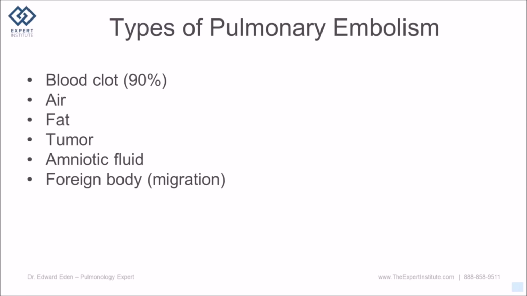Many people think that pulmonary embolism exclusively refers to blood clots coming from the legs. But in fact, in several cases that I've reviewed, there are other causes of pulmonary embolism.